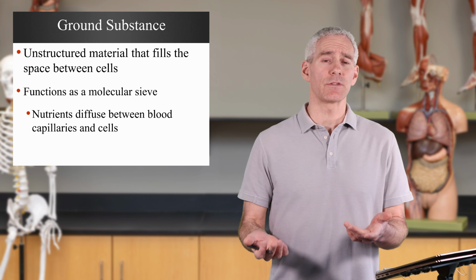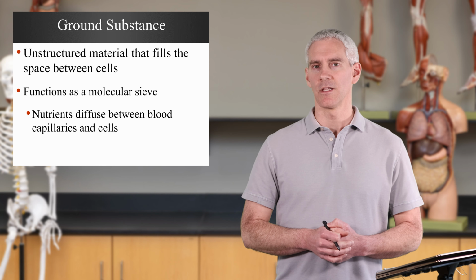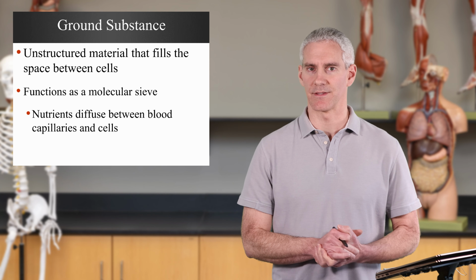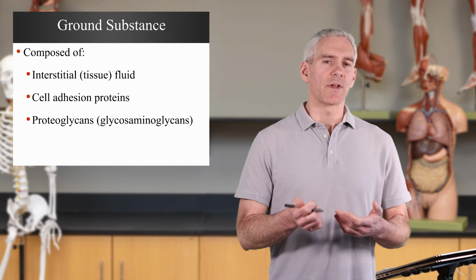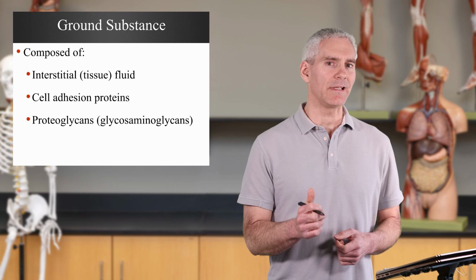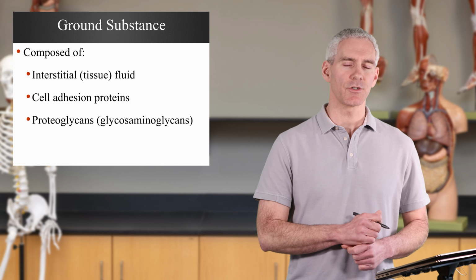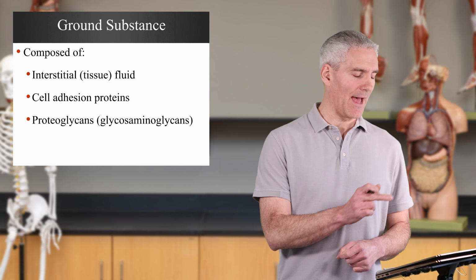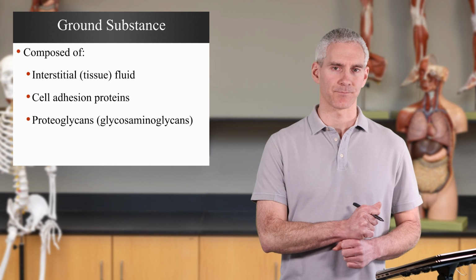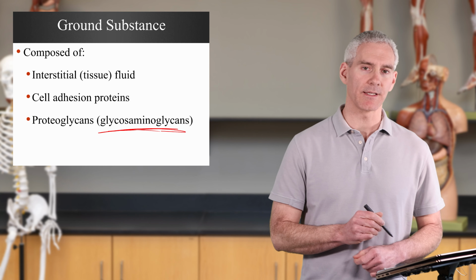Nutrients, they diffuse from the blood, no problem. They're small, they're easy to pass and travel through. So it allows your cells to get the nutrients in this way, for example. The ground substance typically is comprised of these three things. You're going to have your interstitial fluid, you're going to have your cell adhesion proteins, and then you have your proteoglycans. Now, one example of a proteoglycan is glycosaminoglycans.